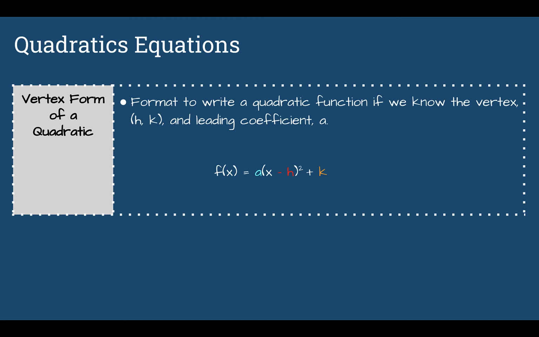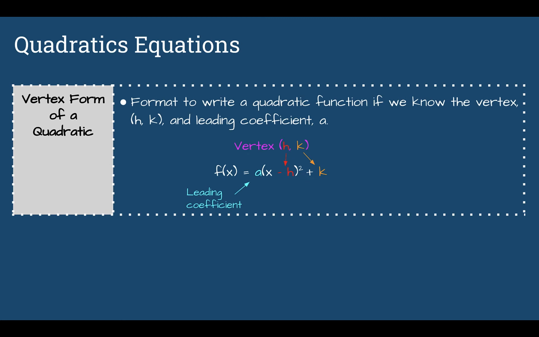So in our equation, a, the leading coefficient, is going to be out in front of the parentheses, and then our vertex, h and k, you are going to plug those in. H is in the parentheses with x, and k is at the end.